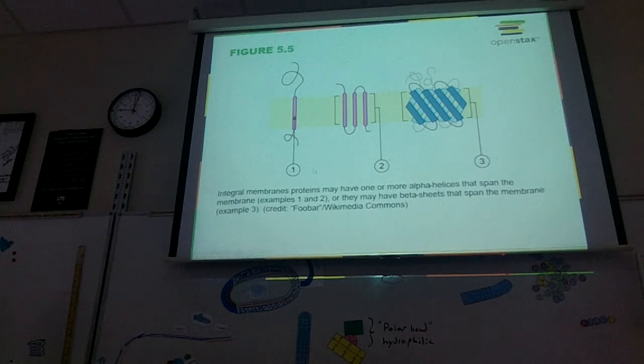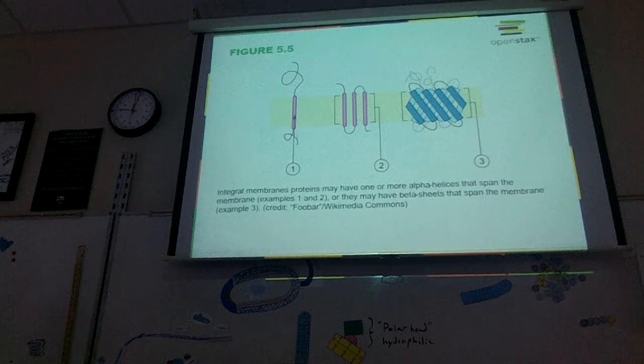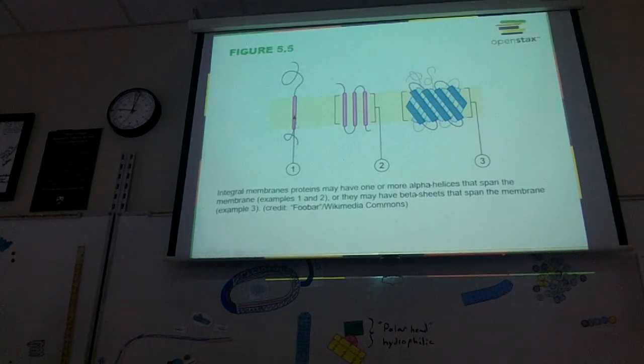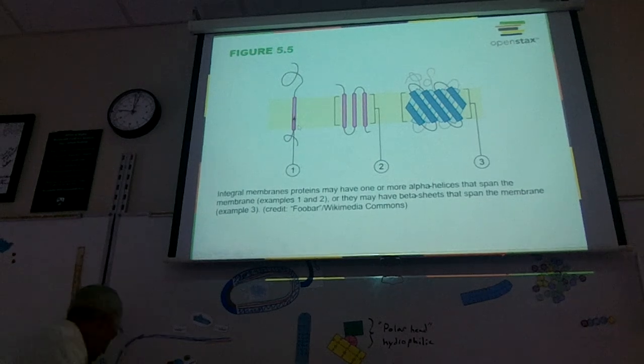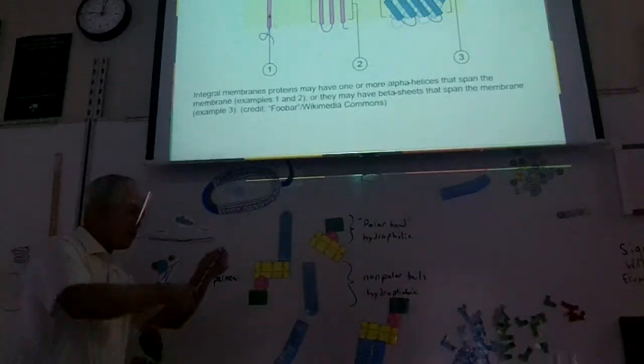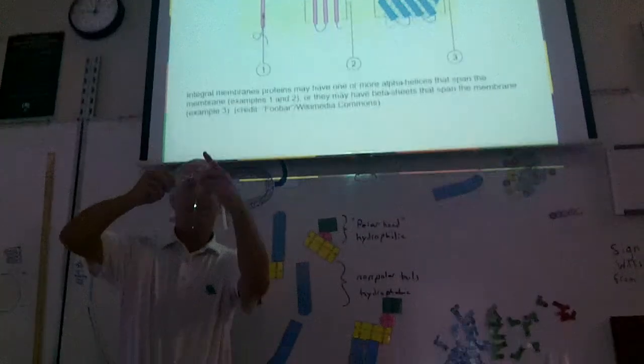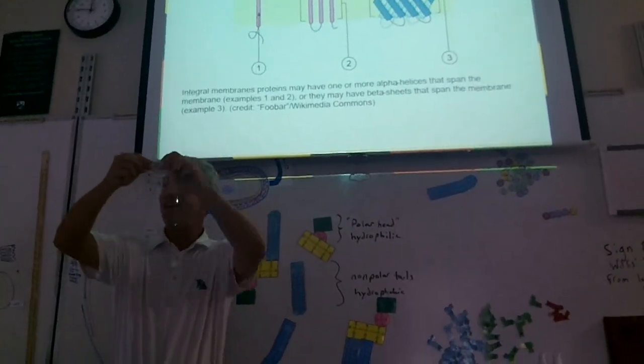This is showing you integral proteins. There's the yellow is the membrane, and you can see the integral proteins kind of go all the way through. Do y'all remember how the proteins would form beta sheets? Remember the alpha helix and the beta sheet? Remember the beta sheet was kind of looking like that?